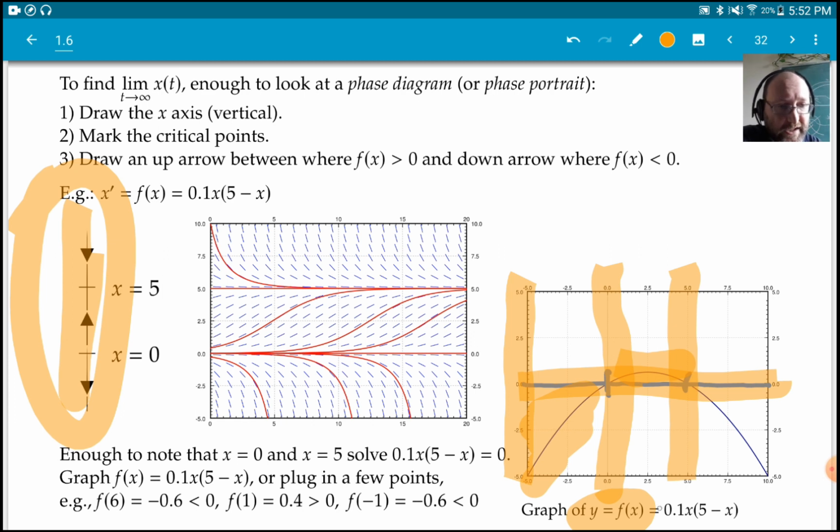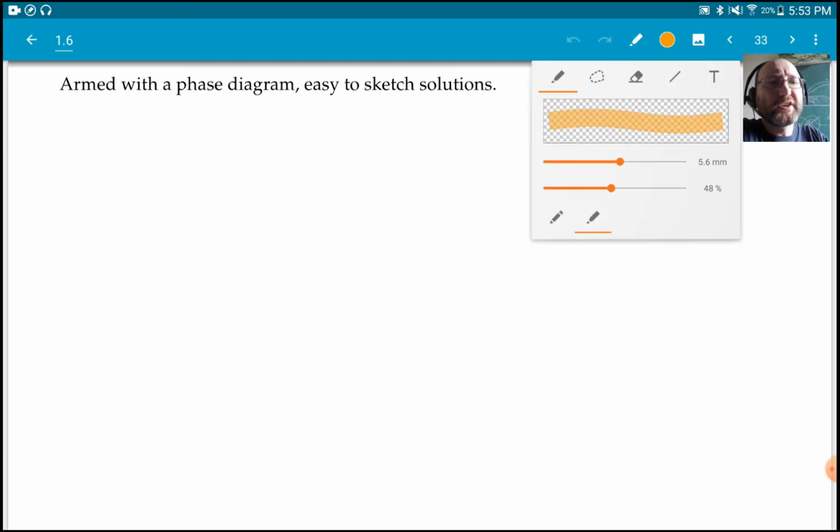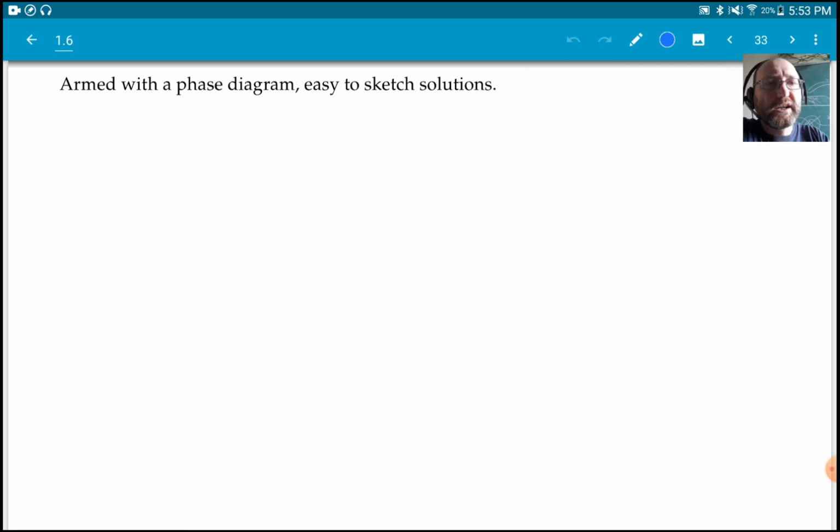And then for x bigger than 5, it's negative again, right? So that's how we get this diagram, right? And so armed with the phase diagram, we can easily sketch solutions. Let me just draw a couple.